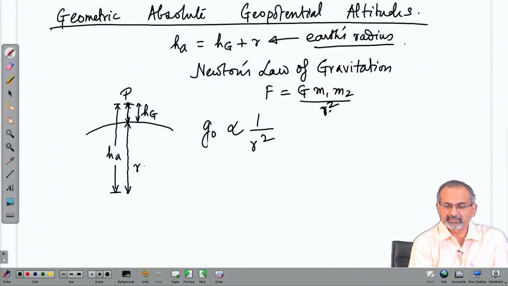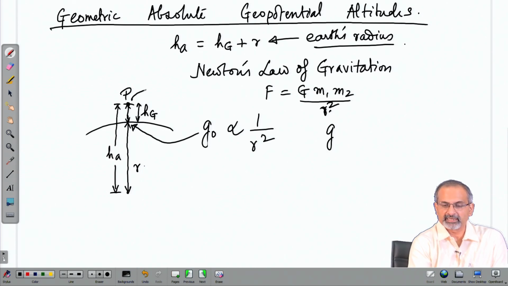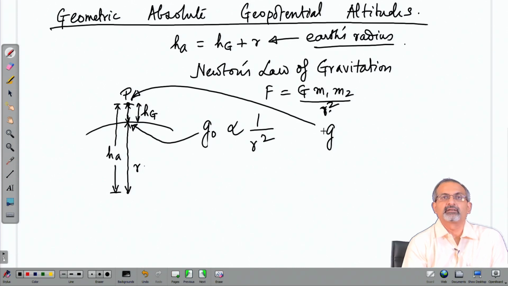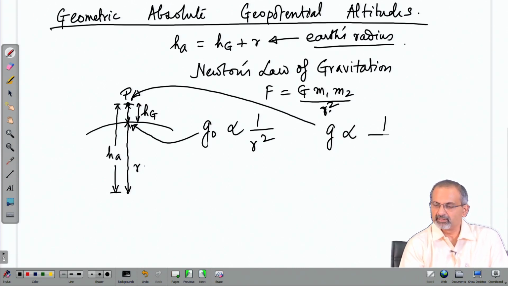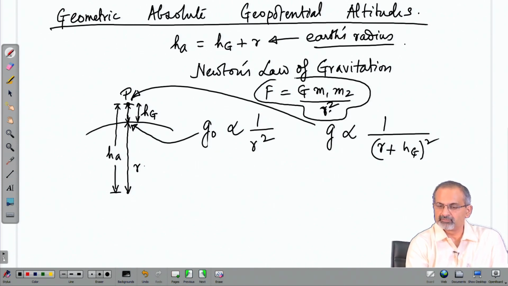So, that is what it is on the surface of the Earth. If you are interested to know what is the g at an altitude, say h g, geometric altitude, then what would that g be? That g would be inversely proportional to r plus h g whole square, and this we are concluding from Newton's law of gravitation, the inverse proportionality.